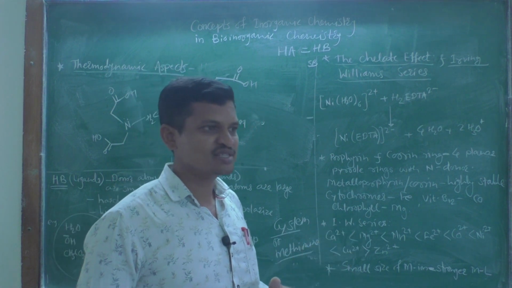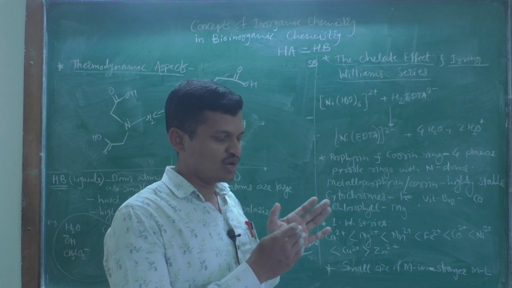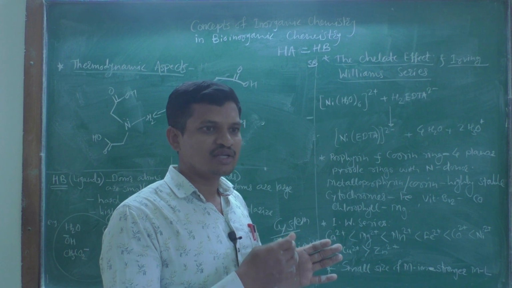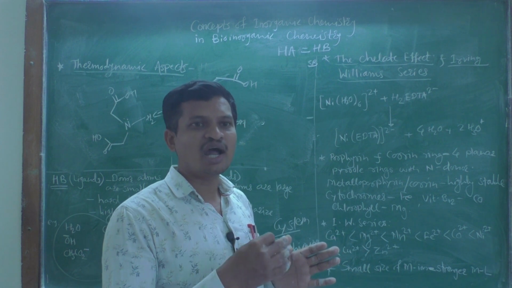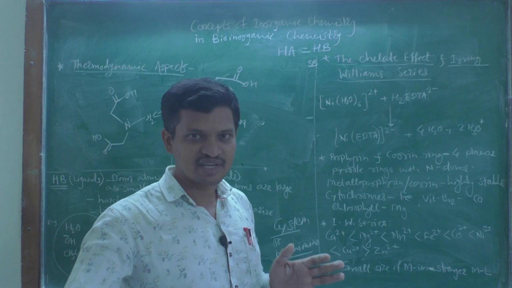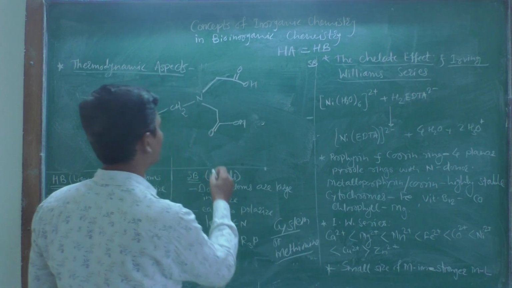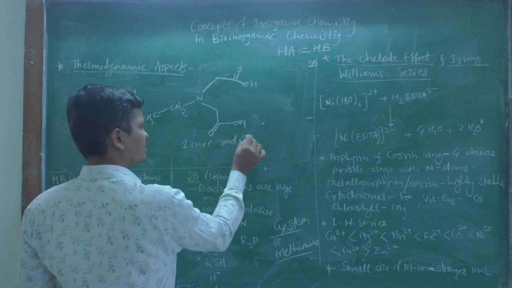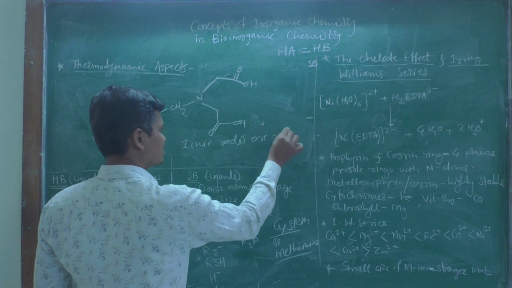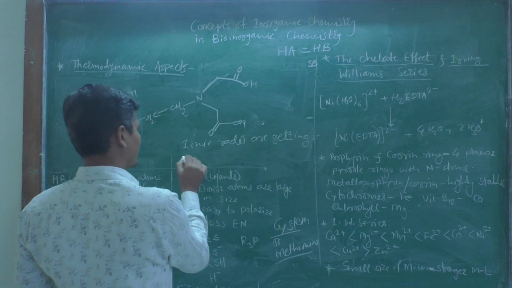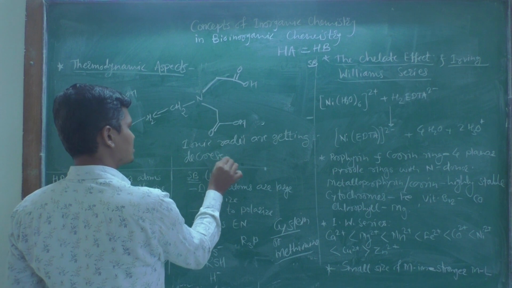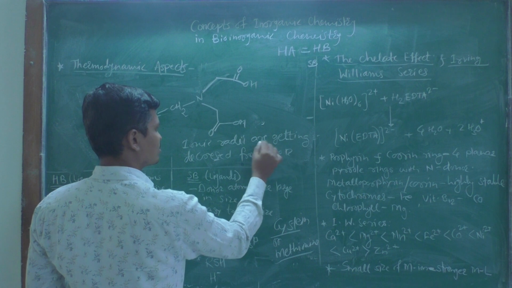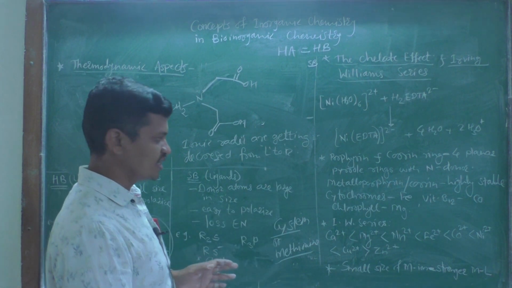As we move from left to right of the periodic table in a given period, the atomic and ionic radii decrease.